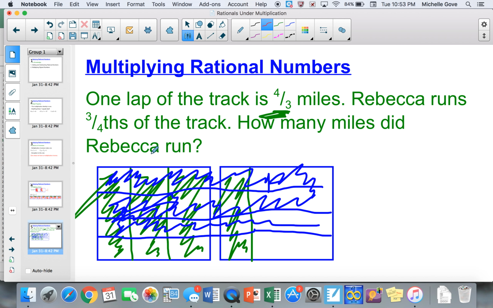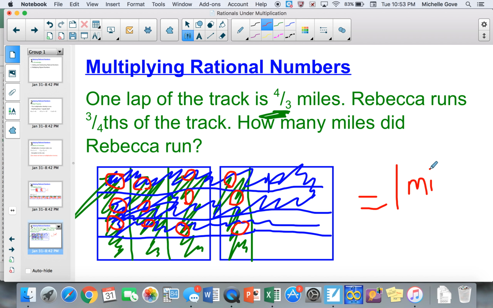And if we look, I have 1, 2, 3, 4, 5, 6, 7, 8, 9, 10, 11, and 12 small squares, and we know that these 12 small squares would make one full square, and so we know she ran 1 mile.